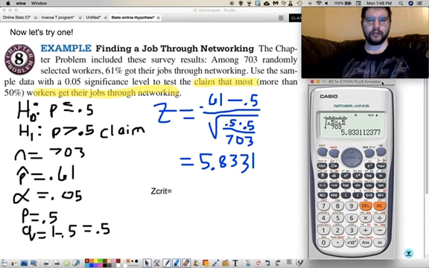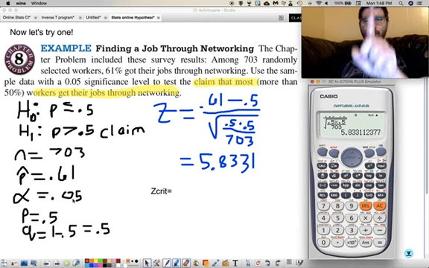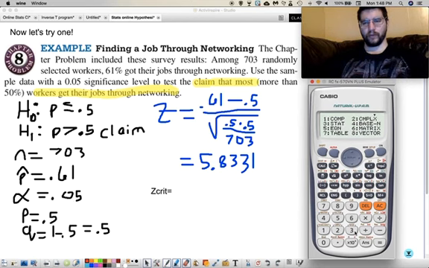It's a right tail, that means we don't cut alpha in half. It's one tail, don't cut it in half. Mode, oops, 1, 3. Mode down to 3, inverse normal, 0.05.